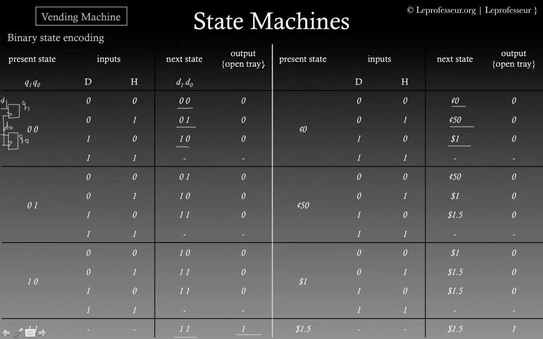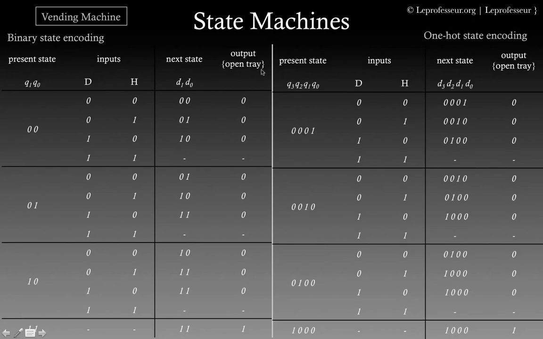So we have another kind of encoding, we call it one hot encoding. What is the difference here? You have more flip-flops. If you have 4 states, you have 4 flip-flops. If you have 1000 states, you might have to use 1000 flip-flops. One hot encoding means only one flip-flop, one bit, is set, indicating that state.